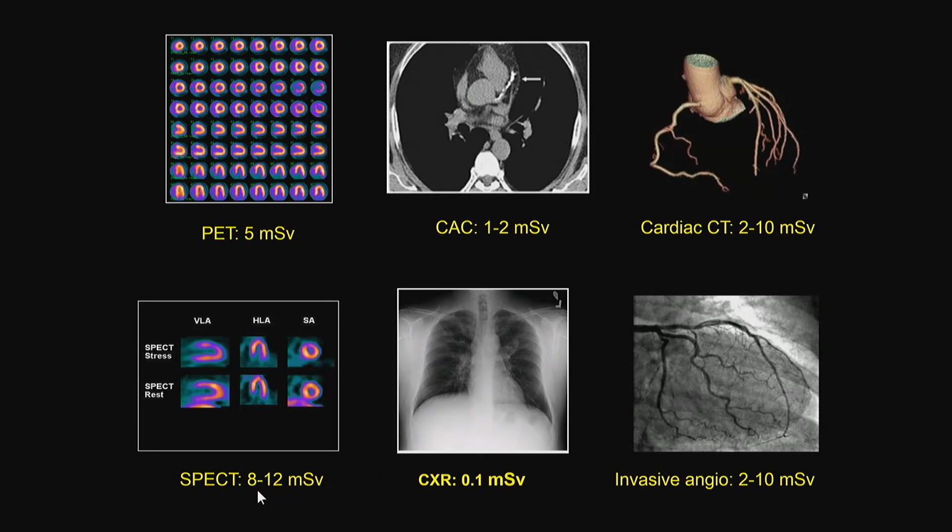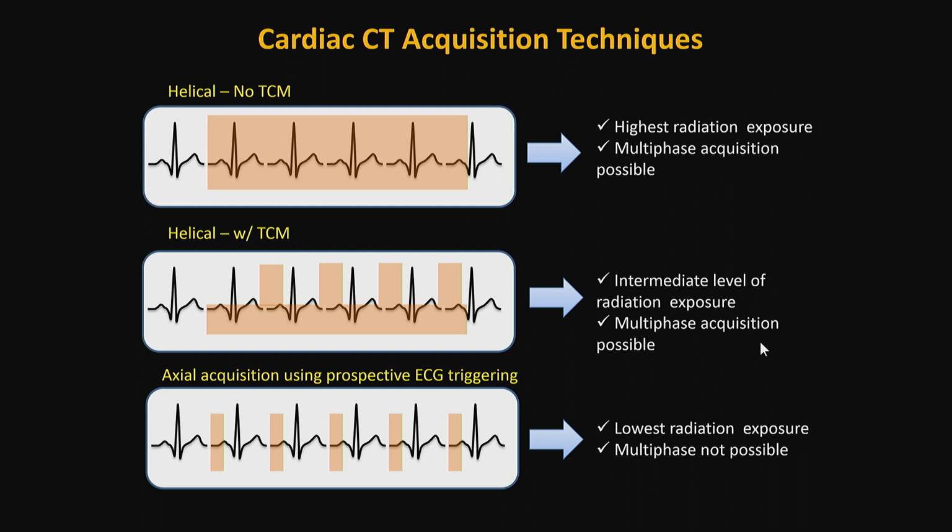A nuclear SPECT MPI is generally higher, ranging between 8 to 12 millisieverts when we use a single isotope study, and certainly this is higher if you use dual isotope with thallium. An invasive angiogram is generally around the same range as a cardiac CT, especially if it does not involve taking pictures outside of the coronary arteries.